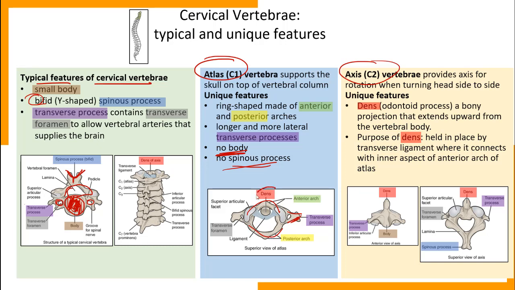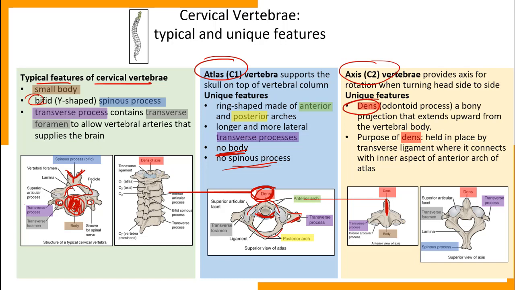The dens that's listed over here is actually part of the C2 vertebrae. So if you look, the dens is part of the C2, or axis, that sticks out, right? And the dens is held in place by this transverse ligament over here.